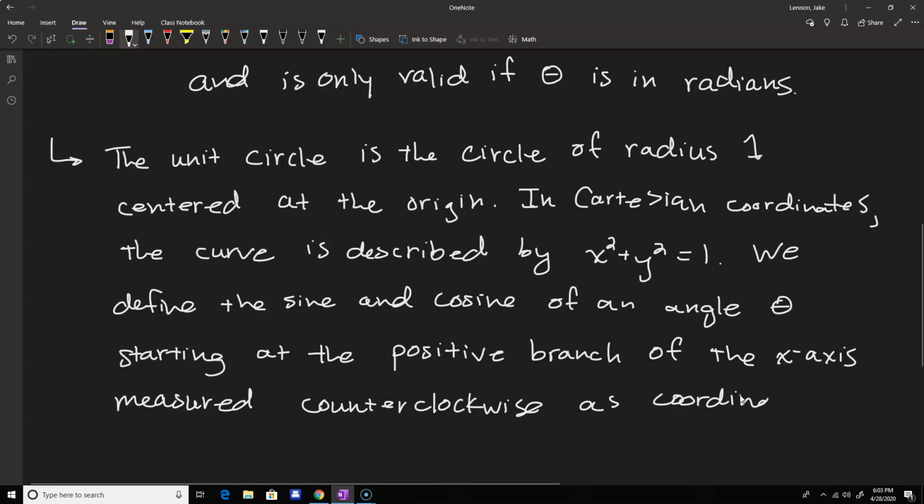So it'll be much more clear once we draw a picture here, but we're just writing it down in words first.